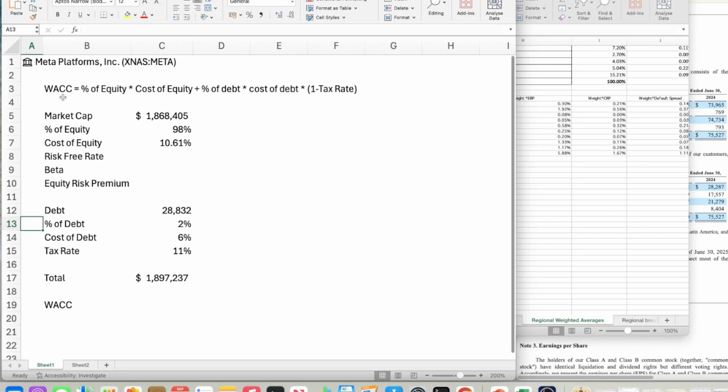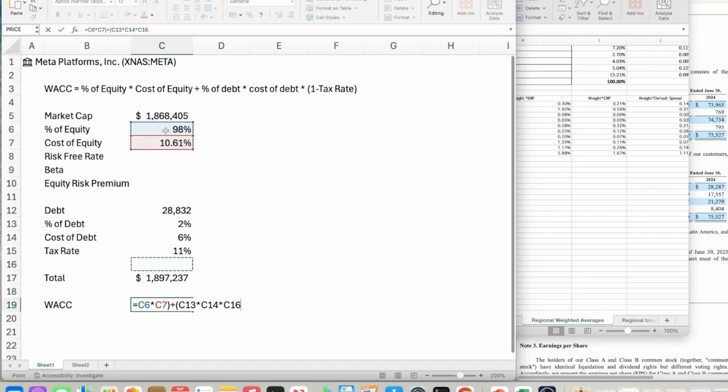So the WACC is equal to the percentage of equity multiplied by the cost of equity plus the percentage of debt multiplied by the cost of debt multiplied by 1 minus the tax rate. So let's do that. We take our percentage of equity, multiply it by the cost of equity, and sometimes you can put these in brackets just to play safe, plus the percentage of debt multiplied by the cost of debt multiplied by 1 minus the tax rate.